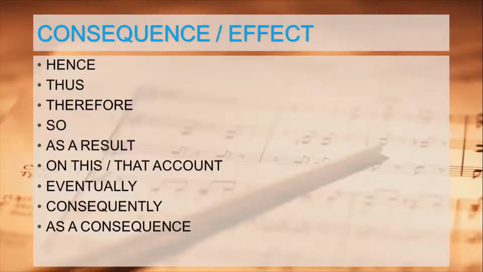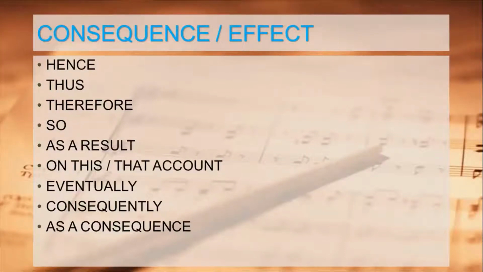Or you can say air pollution is at its peak these days. Consequently, health problems arise, and they are also at an alarming rate. So you can use these kinds of words in order to indicate the effect of any particular trend or development.